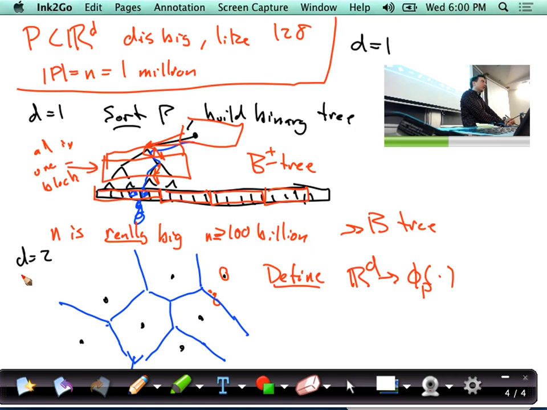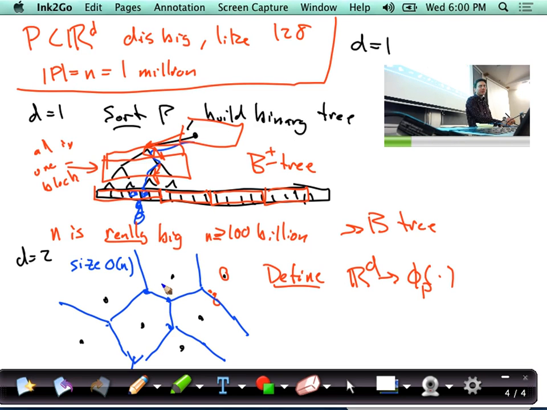Okay, so it turns out in 2 dimensions, there's this cool fact that the size of this Voronoi diagram, meaning I can draw all these blue lines and all these intersection points, and if I have n points, the size is O(n). It's roughly the same size as the point set. That includes the number of vertices and the number of edges. I can store the whole structure.